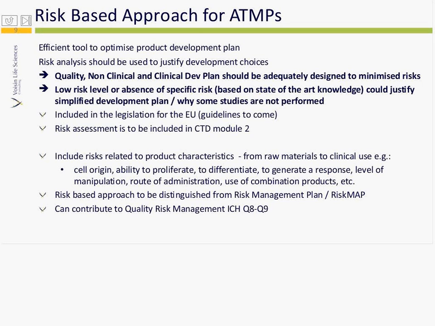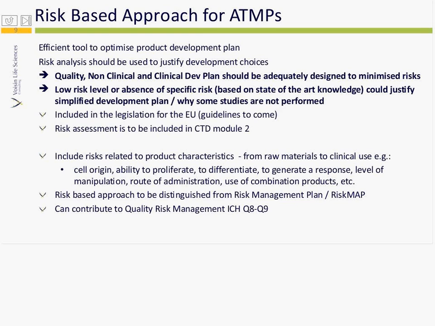And that risk-based approach can then be discussed with the agency through a scientific advice meeting, for example, to get buy-in from them during the development procedure. So that when you come to your phase 3 clinical trials or marketing authorization application, for example, the agency are familiar with your product and have agreed with your reduced development planning.